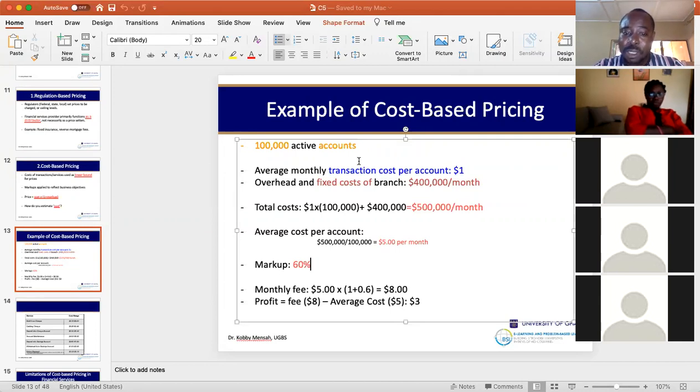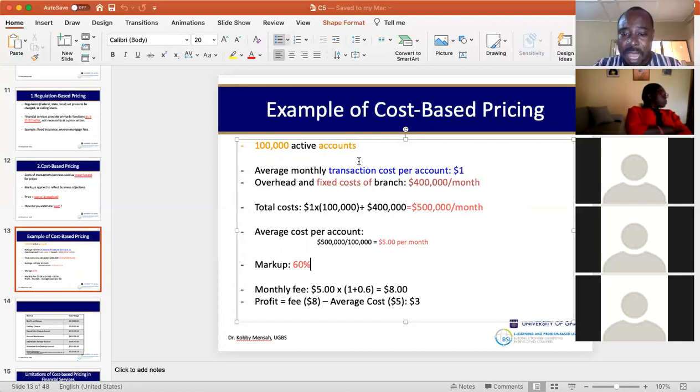That's why we're talking about the difficulty in identifying the cost centers for institutions like financial services, because they could also appear under overhead and fixed cost. But it is up to the company to separate them so that it makes sense. The simple calculation is that your transaction cost plus your overhead and fixed cost will give you the total cost.